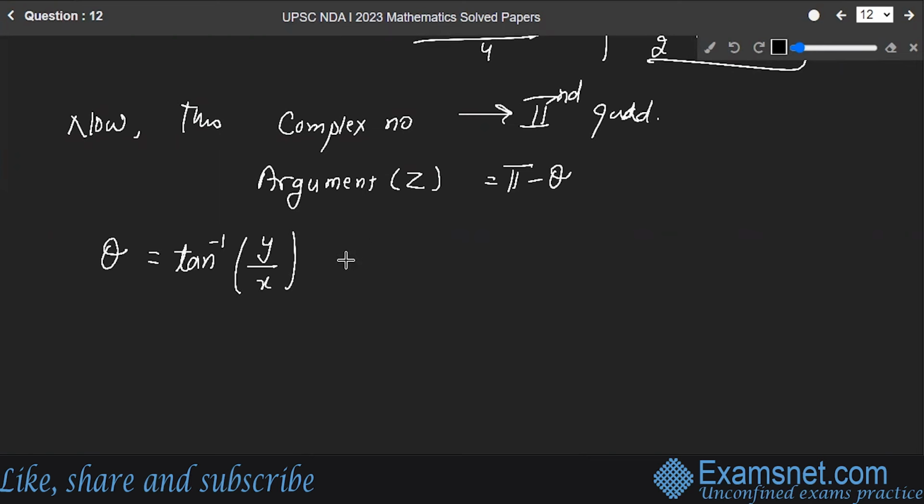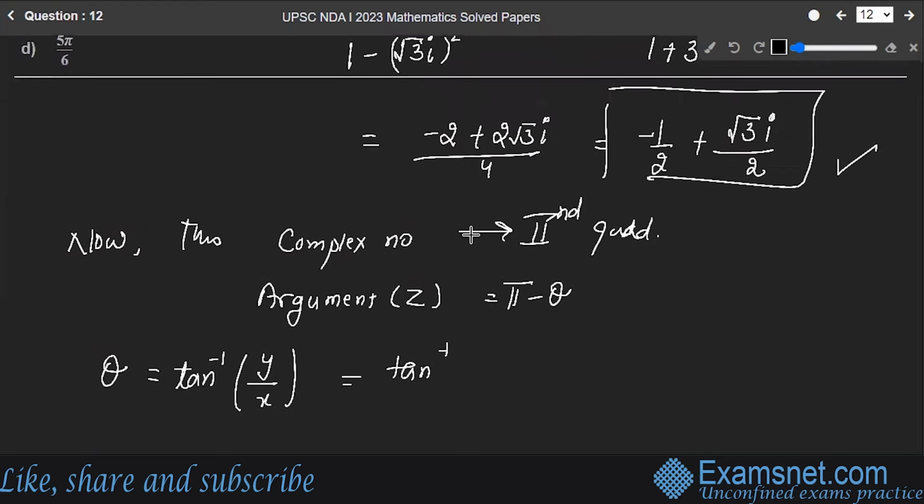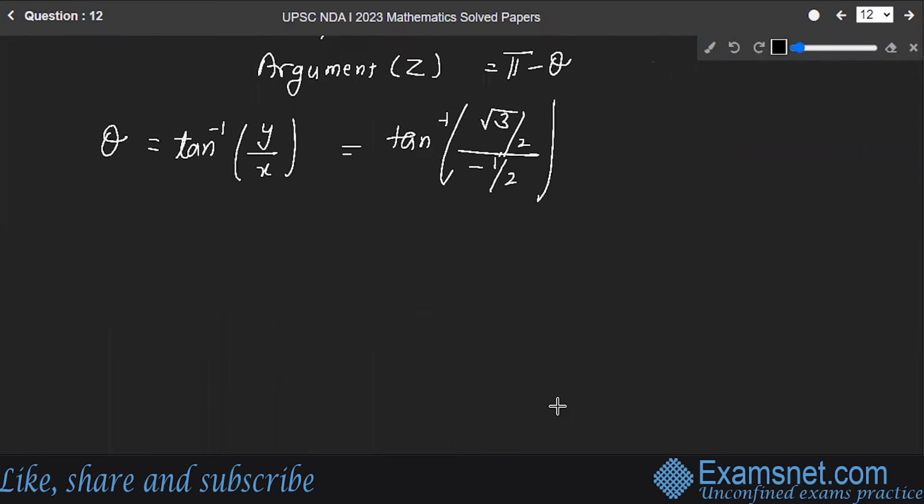You know that. So y was equal to root 3 by 2, upon minus 1 by 2, which is equal to minus of root 3, right? Tan inverse.